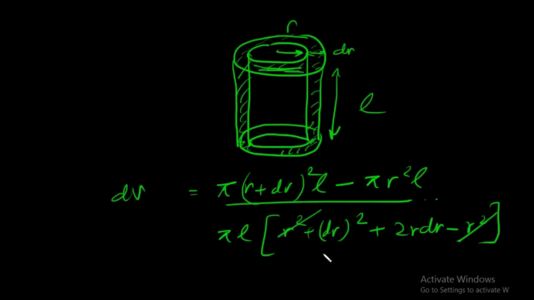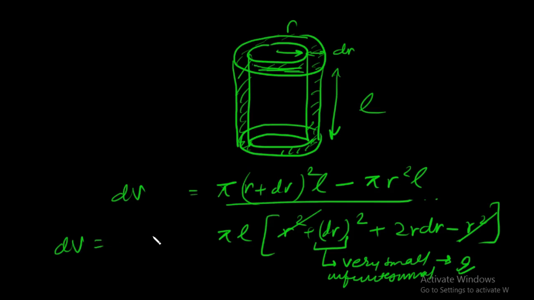Now dr is infinitesimal, so dr square is very small compared to dr, and we can neglect it and it approaches 0. So the differential volume of this cylinder would be equal to 2 pi r dr times L.